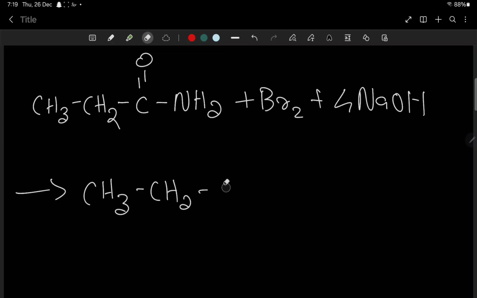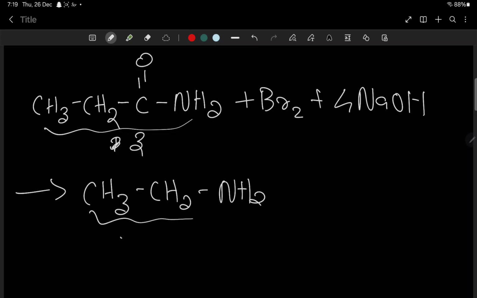So the product has one carbon less. The amide has 3 carbons; here the amine only has 2 carbons. So what's the thing?